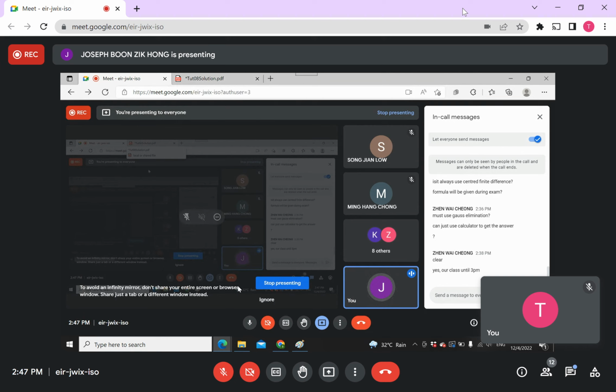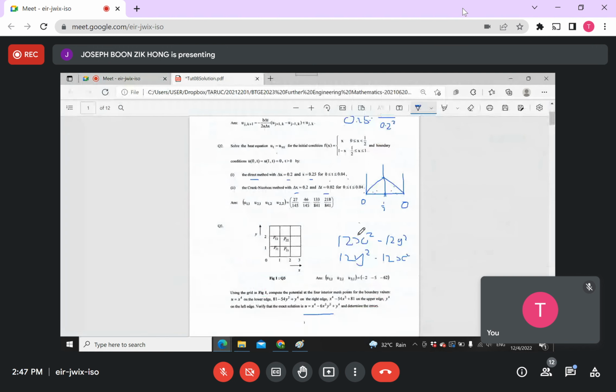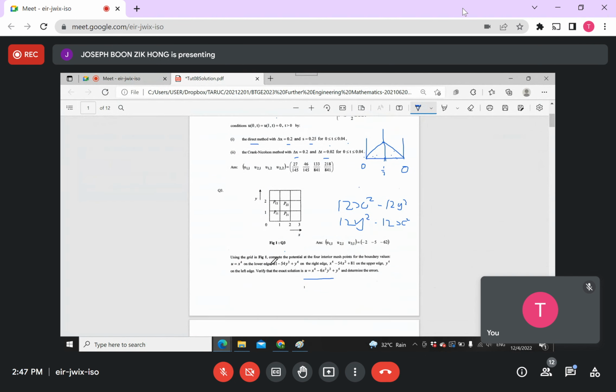Okay, so now let's see. Question 3. Question 3 is a very special question, as I said. Using the grid in figure 1, compute the potential at the 4 interior mesh points. So that means ask us to find what is the answer for here.